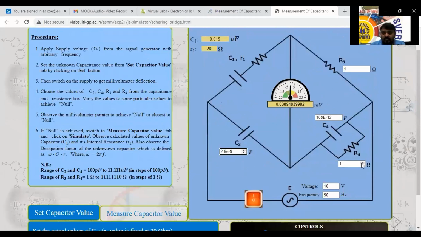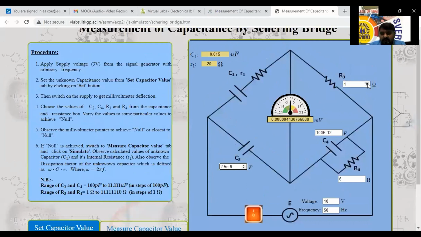By increasing the resistance, what will happen? Okay, it is increasing here. See, 0.000 has come. There is a small change. There will be a small change, right? It is there here, almost null.